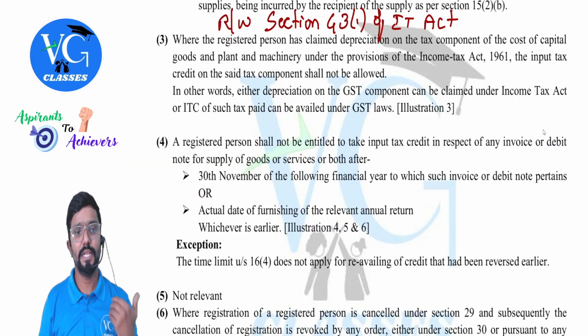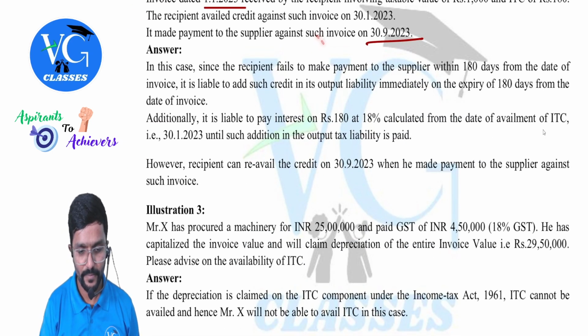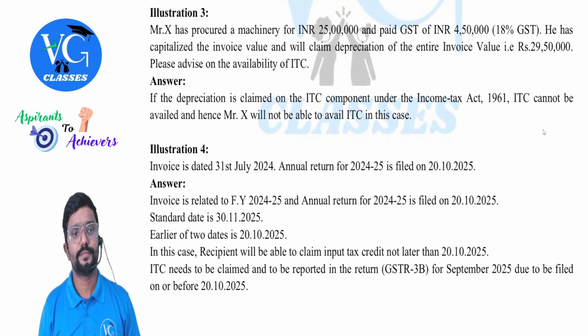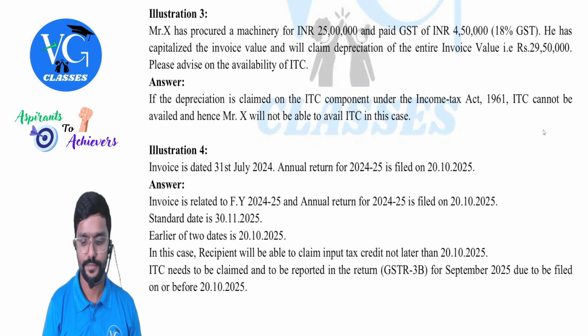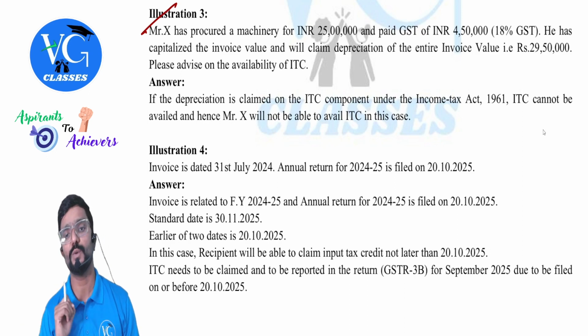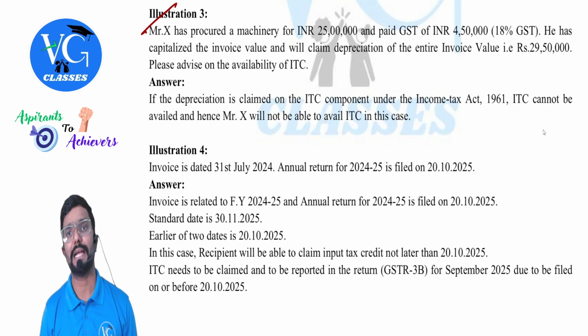We have one illustration here also. Let us see. Illustration number 3, guys. Mr. X has procured a machinery for 25 lakh and paid GST of rupees 4,50,000, which is 18% GST on 25 lakh.